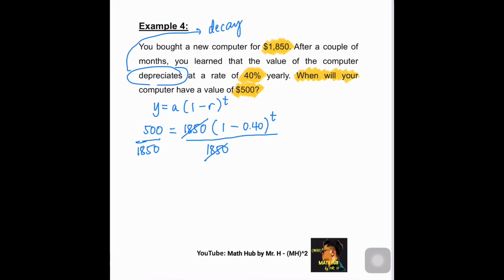So the left-hand side, if you're going to simplify 500 over 1,850, it's going to give us 10 over 37 equals, so we're left with 1 minus 0.40 to the power of t. Well, actually, the 1 minus 0.40, you can simplify it to 0.60.